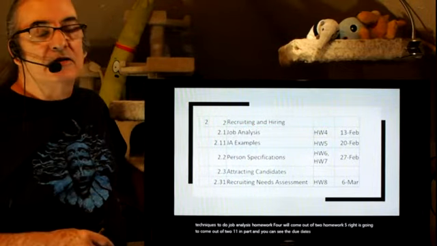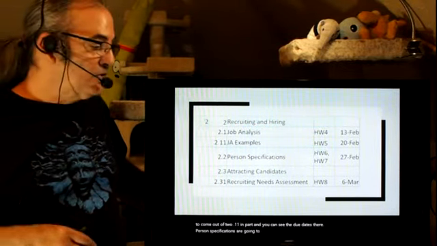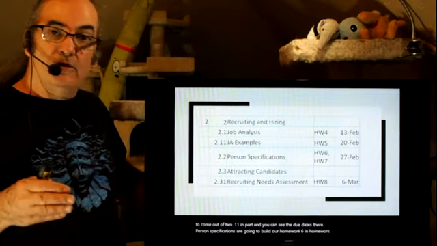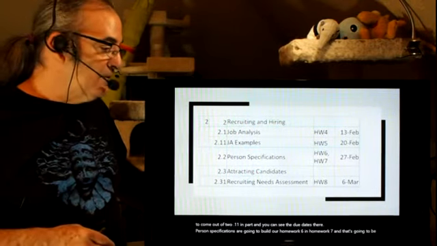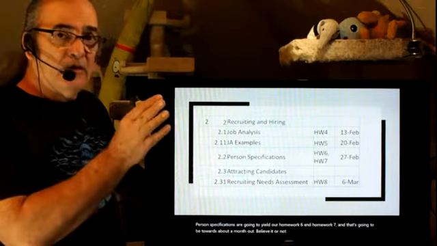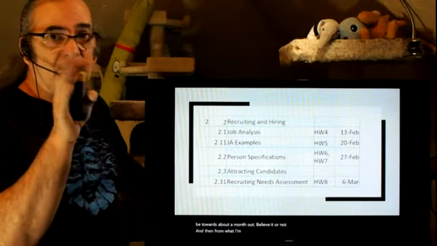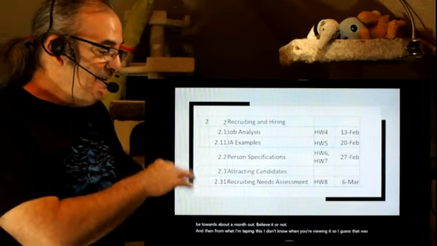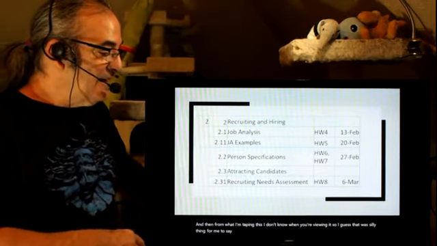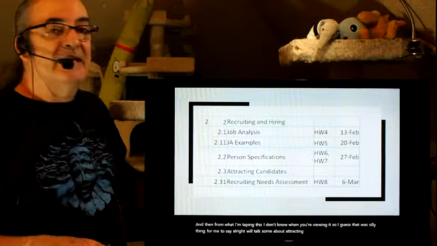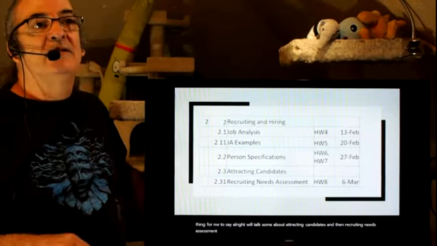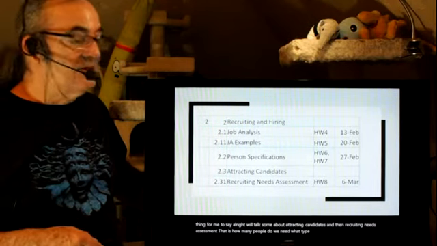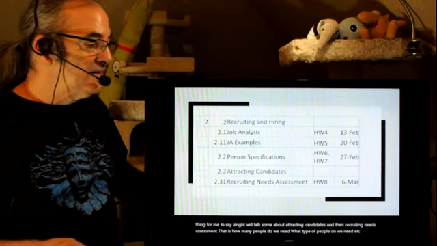Person specifications are going to yield our homework 6 and homework 7, and that's going to be due about a month out, believe it or not. And then, from when I'm taping this, I don't know when you're viewing it, so I guess that was a silly thing for me to say. All right, we'll talk some about attracting candidates, and then recruiting needs assessment. That is, how many people do we need, what type of people do we need, etc. Again, back to the concept of needs assessment.